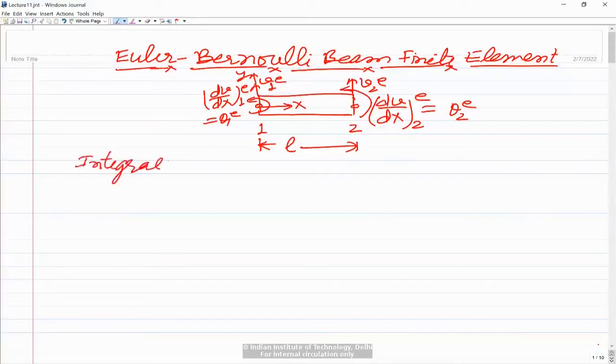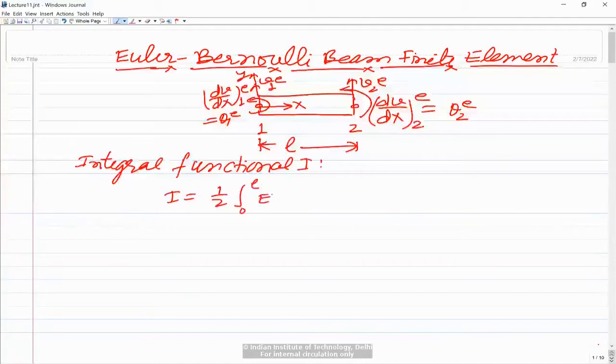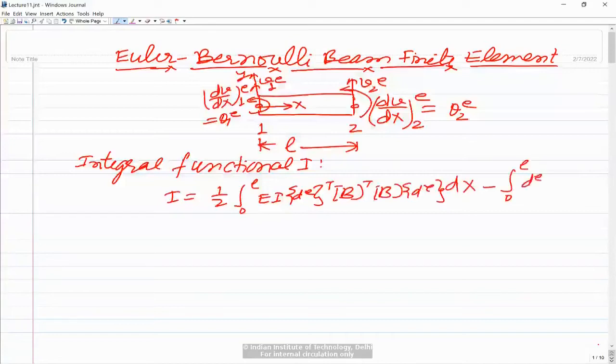So that we had done, and then whatever approximate solution we got, we substitute that in the integral functional, or total potential energy functional, I. So we had I equal to half of integration 0 to L, EI, d transpose into B transpose into B into d e dx. This is the strain energy part, and then the potential energy of the externally applied load, d transpose into h transpose into q dx.